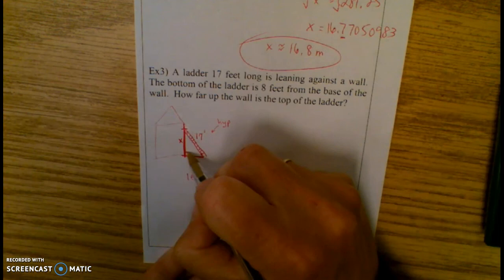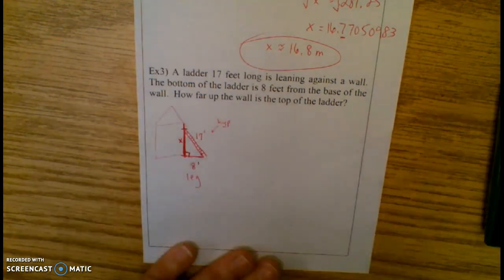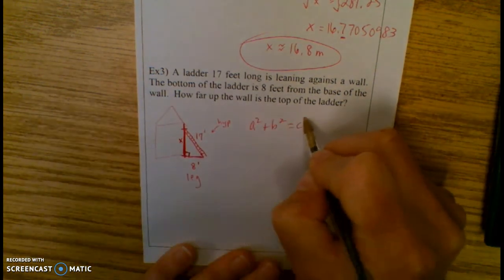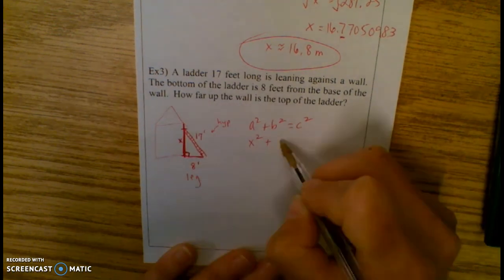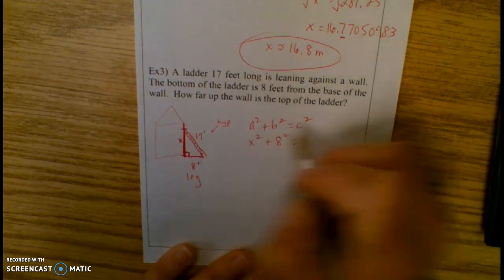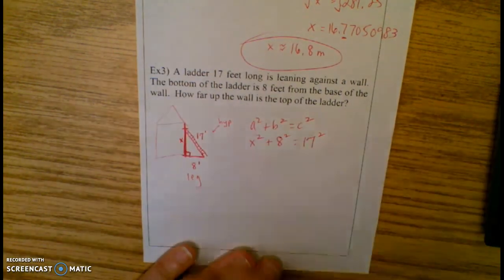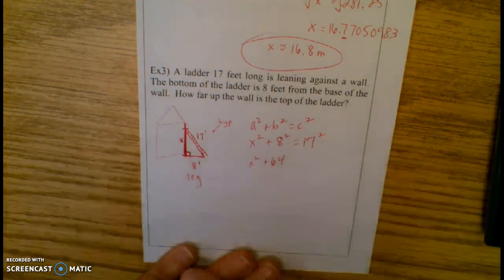And we're assuming that the wall is perpendicular to the floor, that it's got a right angle down here at the bottom. So we can still use a squared plus b squared equals c squared. We can put our x in for one of our legs, we can put our 8 in for the other leg, and we have to reserve the 17 for our hypotenuse. So squaring the numbers that we have, we get 8 squared being 64.